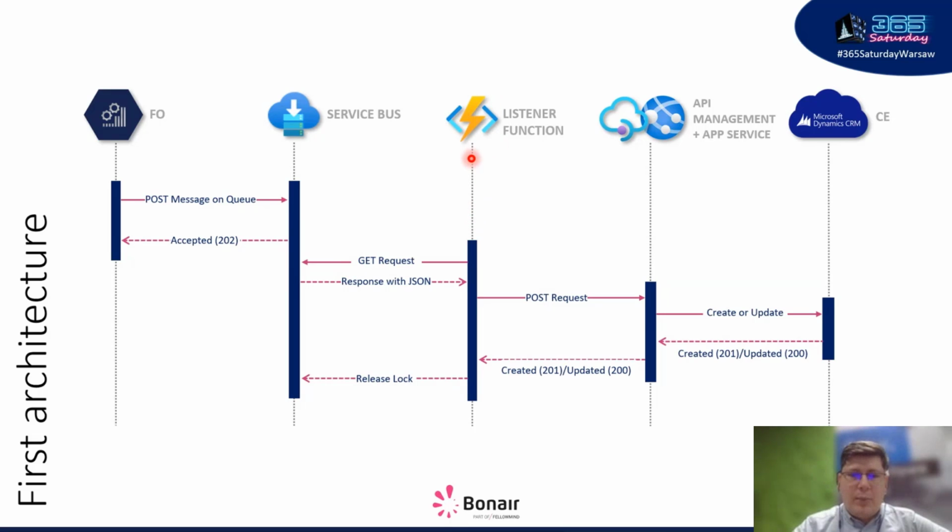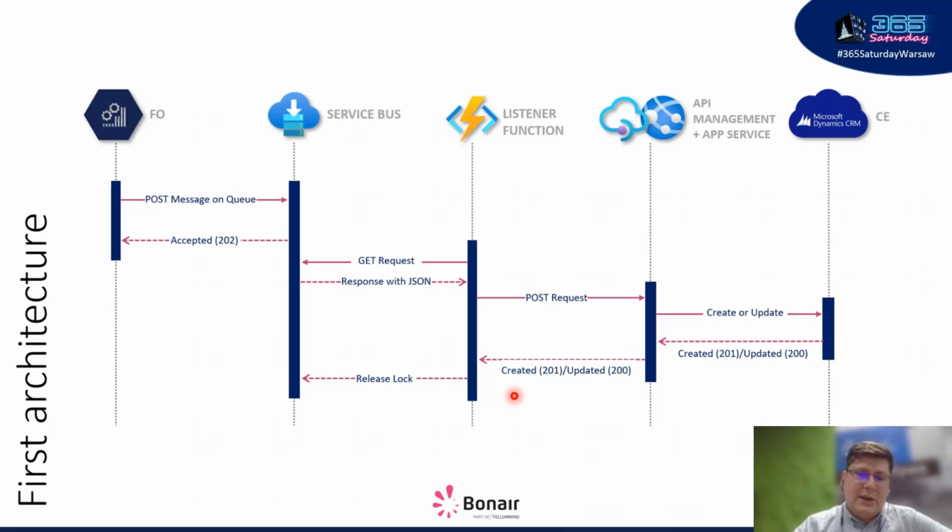The next important component is our app function. We can call it a listener in this situation because it's listening: is there anything on service bus? If the listener finds something, it uses a get request to get the JSON request sent earlier by FO. Then the listener can synchronously send this message to our app service, which is connected directly to our CE, and based on the create or update method, we have information on the CE side with success created or updated with the proper REST API code.